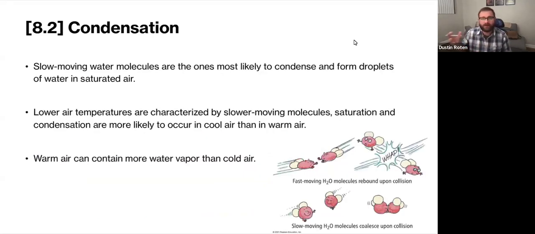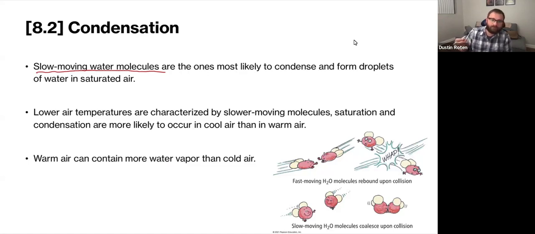In that situation, usually the slow moving water molecules are the ones most likely to condense and form droplets. That makes sense because lower air temperatures, like in the morning, usually have slower moving molecules, which makes saturation more likely.